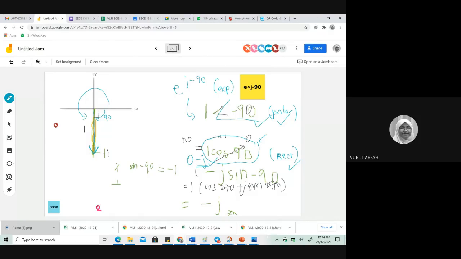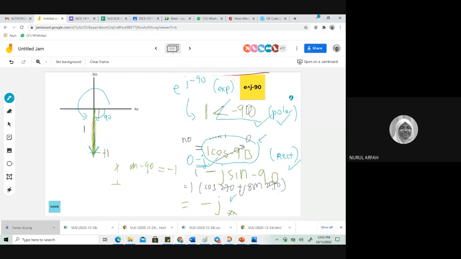Very good. Okay, do you have any question? Yang cos 270 tu boleh pakai ayat? Cos mana? Oh, cos 270. Boleh, but usually we will not use more than 180 degree. It's better to have 90 degree or less. Don't exceed this 180 degree.